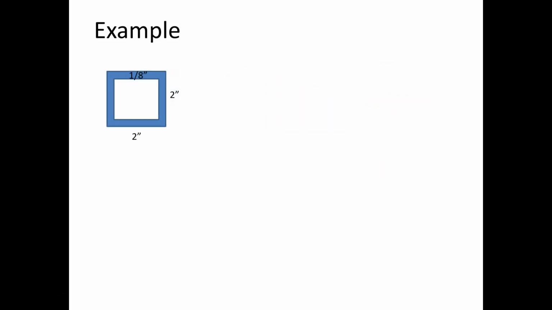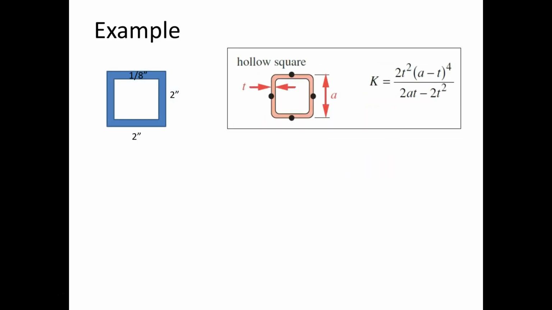The rectangular section is slightly more involved, where we see a is equal to 2 inches, and t is equal to 1/8 of an inch, or 0.125 inches.